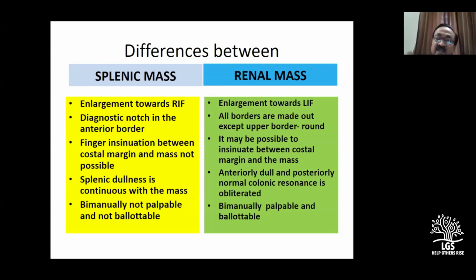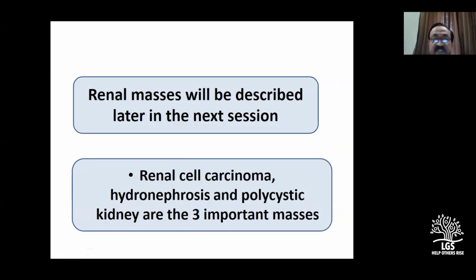Other than that, you have got many common things, including the dullness, etc. So we'll discuss movement with respiration, etc. in the next class. These are the three important conditions again for a surgeon's interest: renal cell carcinoma, hydronephrosis, and polycystic kidney. These are the three important diseases which we will discuss in the next class, right?